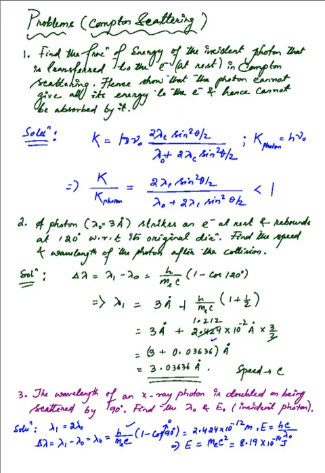The solution carries first the value K, that is the kinetic energy of the electron as per the formula that we have earlier deduced, and that has h nu naught times all of that stuff, which is lambda c, giving the Compton component or the Compton wavelength.